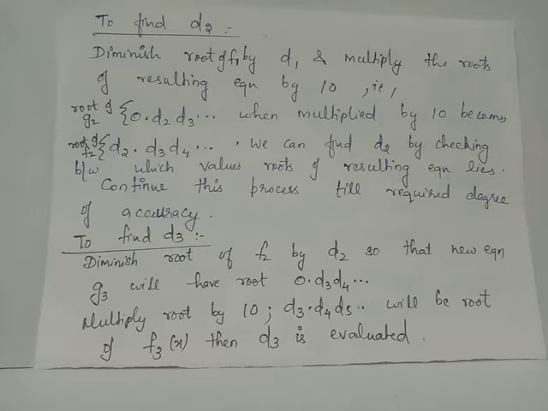Our next step will be to find d2. In order to find d2, we will diminish the root of f1 by d1 so that the new root will be of the format 0.d2d3 etc. That is, you will adopt the synthetic division method to diminish the root of f1 by d1, and the new transformed equation will be g2, whose root will be 0.d2d3 etc. When you multiply this root by 10, you will get the root d2.d3d4 etc. We wish to multiply this root by 10 so that we can bring d2 as the integral part.